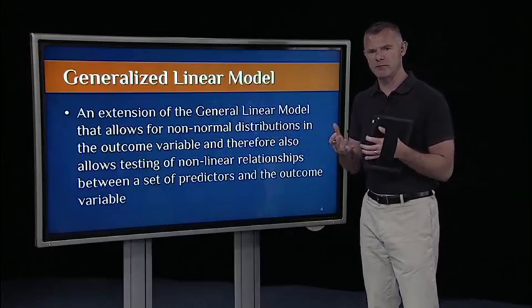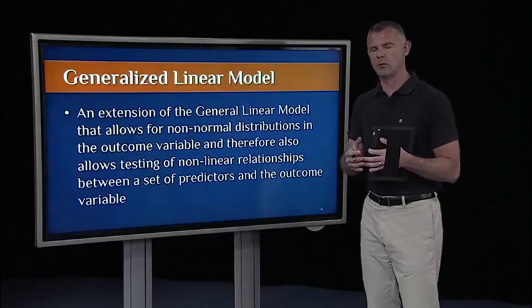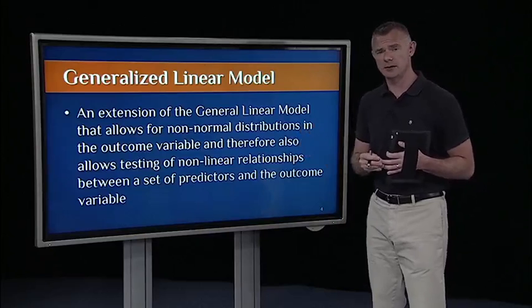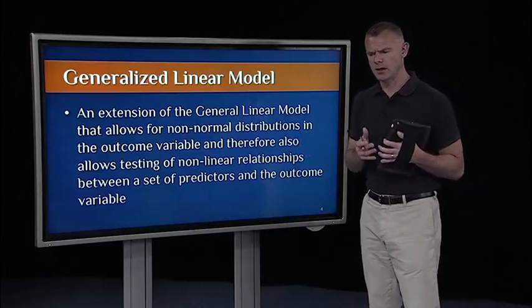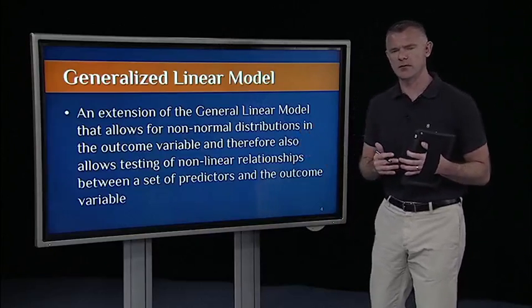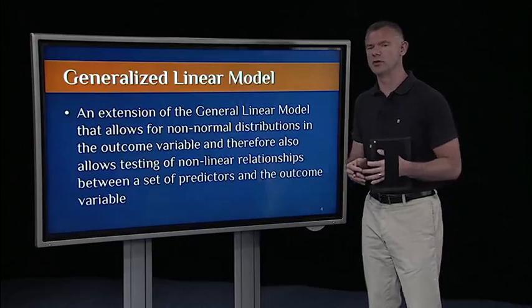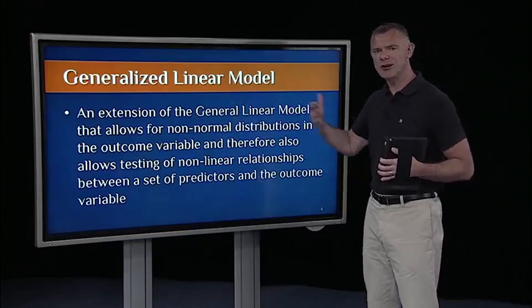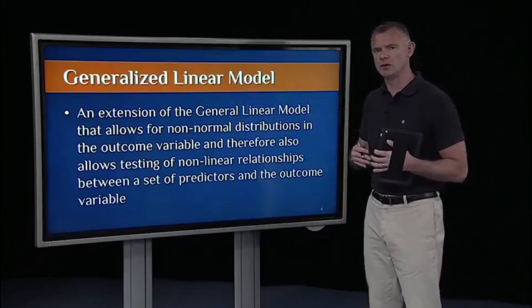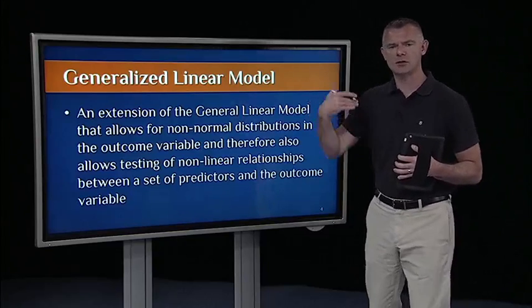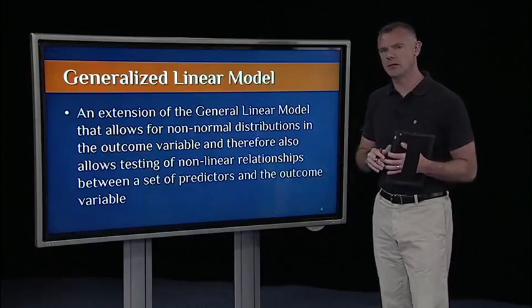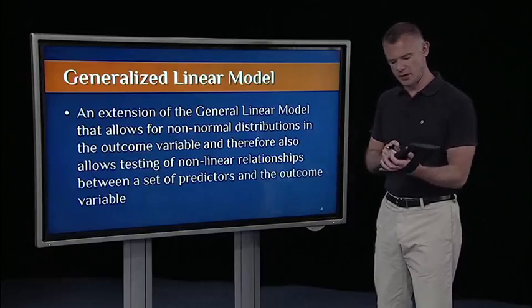Remember, those were two of the main constraints when we reviewed all the assumptions underlying the tests that we covered in this course. We felt constrained by the fact that we had to assume a normal distribution in Y and we had to assume a linear relationship. The generalized linear model was developed to allow us to move beyond that, but still based in the same kind of framework as the original GLM.